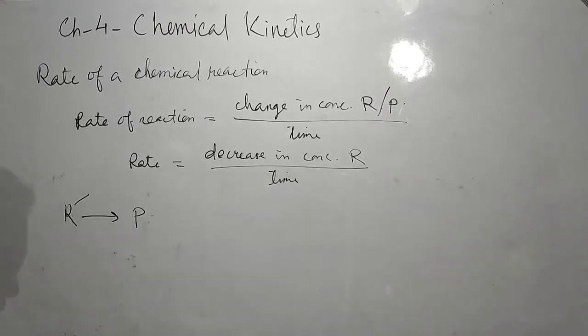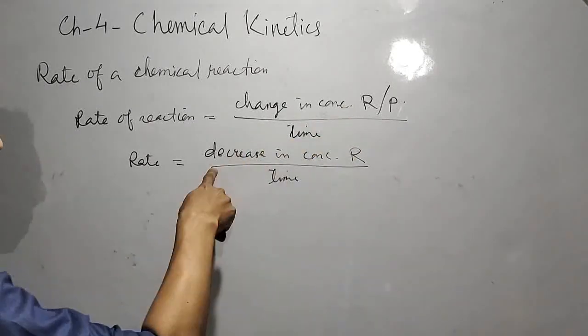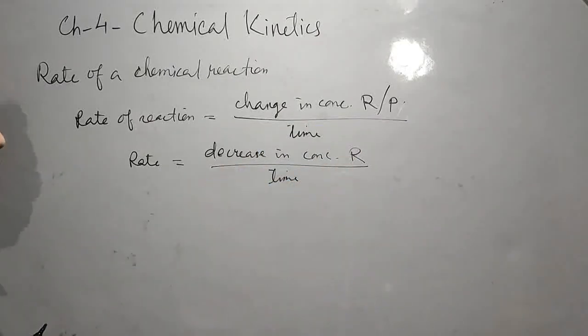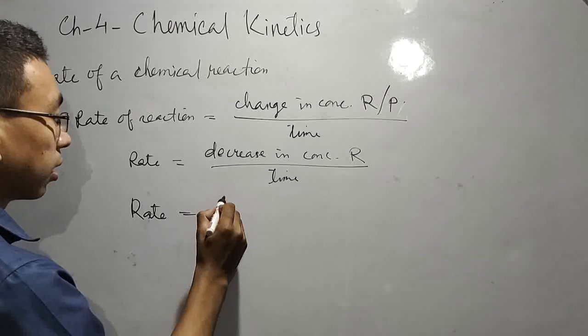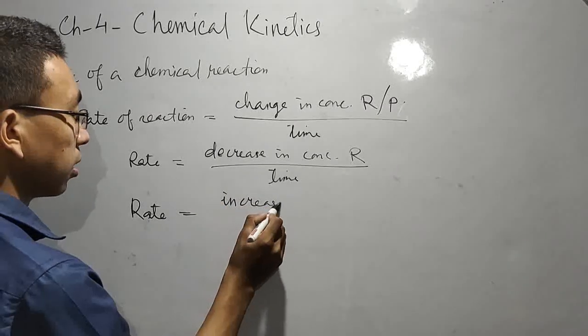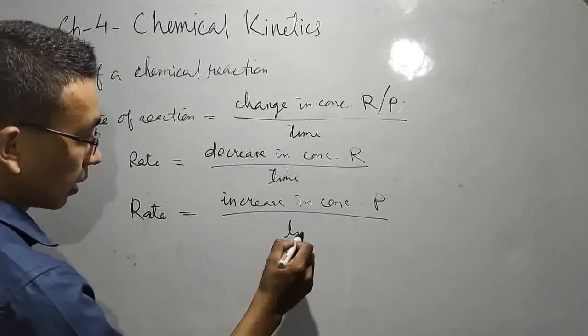Therefore, if it is in terms of reactant, it will be decrease in concentration of reactant divided by time, and if it is in terms of product, then we write increase in concentration of product divided by time.